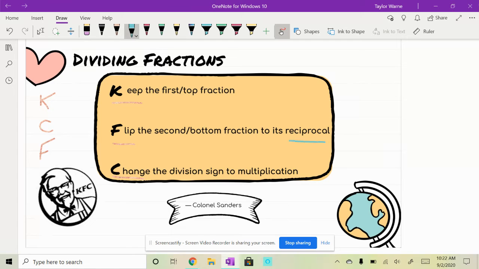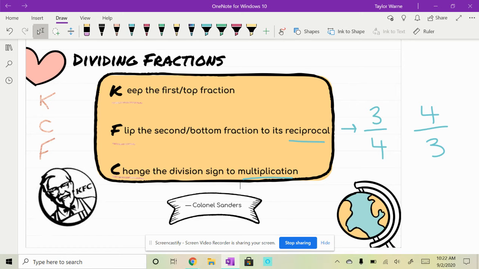So what a reciprocal is, let's say we have a fraction 3/4, then the reciprocal of 3/4 would be 4/3. So it's the flipped version, which is why we use that term flip. So we're going to flip that second fraction or our bottom fraction. And then lastly, we're going to change our division sign to a multiplication sign.